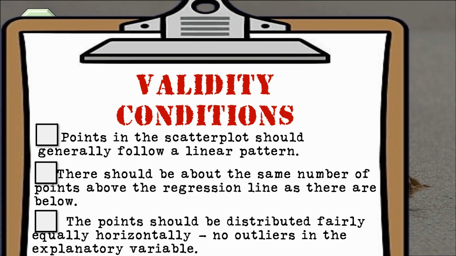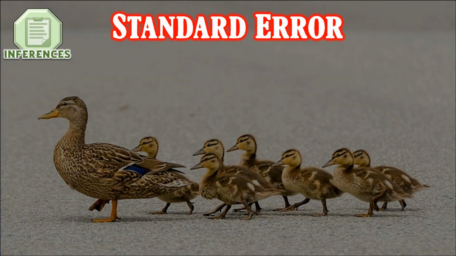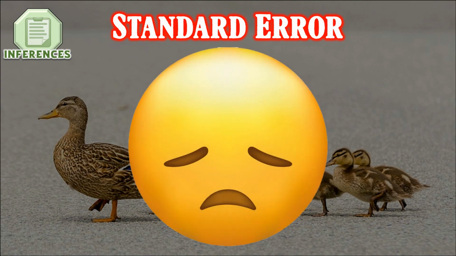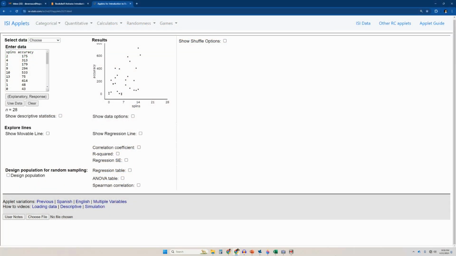Our second question is, what is the standard error? And here I have sad news, because the standard error actually is a pretty complicated formula, so we're not going to talk about it here. Instead, I'm going to rely on technology to give me that value. In the applet, I can get all of my theoretical results by checking this box here for regression table.